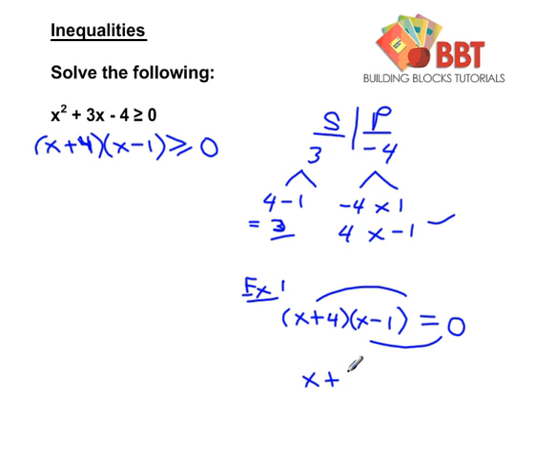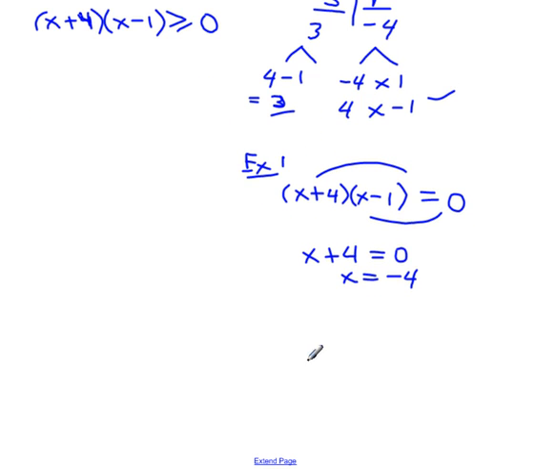So x plus 4 equals 0, and then you isolate x: bring the 4 over and you get x equals negative 4. Do the same thing for the other one. x minus 1 equals 0, bring the 1 over, you get x equals 1. So these would be your two numbers, or your two factors of x.